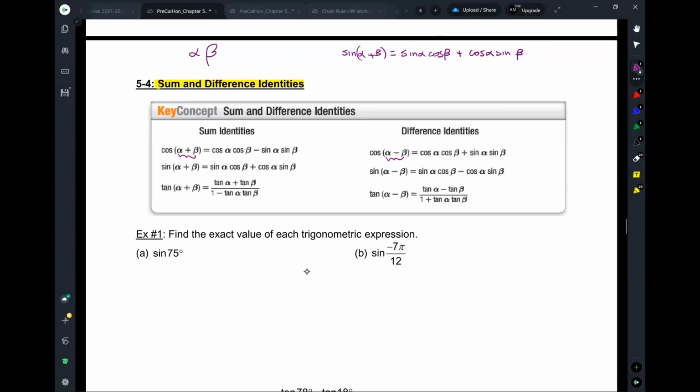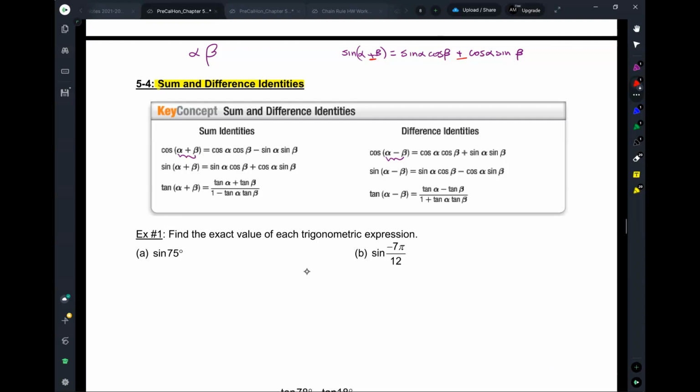It's alpha and beta here in the beginning, and then in the first term it's alpha and then beta, and then alpha and then beta. So you see how the order of the angles stayed the same, and then it's sine, cosine, cosine, sine. And if there was a negative here, so if it was sine of something minus something, then that would just be a negative there.